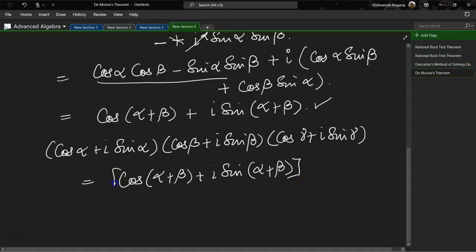And to this we are multiplying cos gamma plus i sin gamma. Okay, let's do this multiplication.